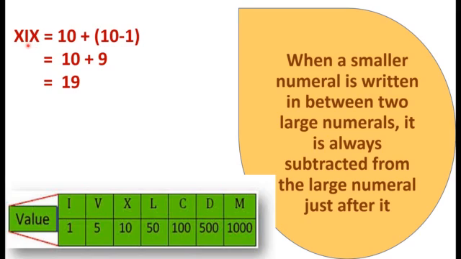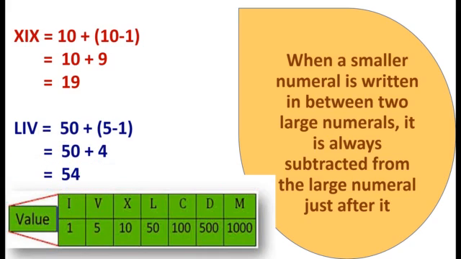That means we have to subtract I from the right side X. So the first X is written as 10 over here, then the plus sign, and then IX. So we have to subtract I from X, that is 10 minus 1. Again this 10 we have taken as it is, the plus sign we have taken down. So 10 minus 1 is 9, and 10 plus 9 is 19.